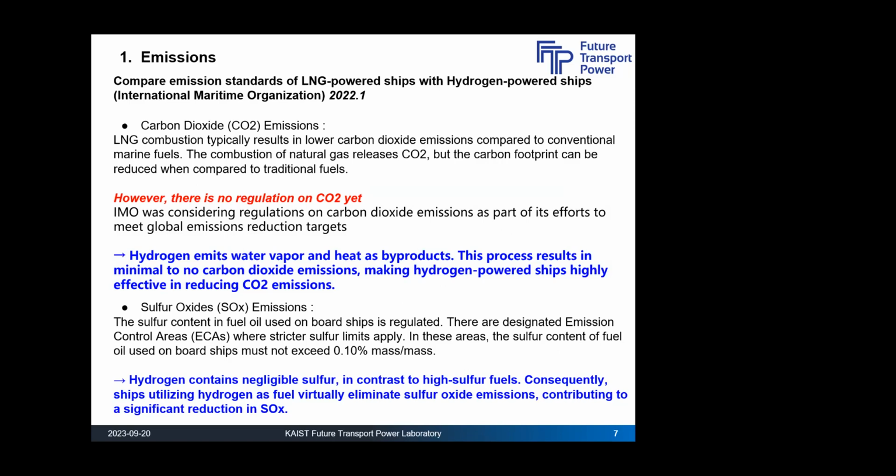On top of that, there's no regulation on CO2 yet. And hydrogen emits water and heat. As hydrogen doesn't produce carbon dioxide, this is one of the key points and the reason why we need to apply hydrogen. The next emission that we suffer from is sulfur oxide, also known as SOx.